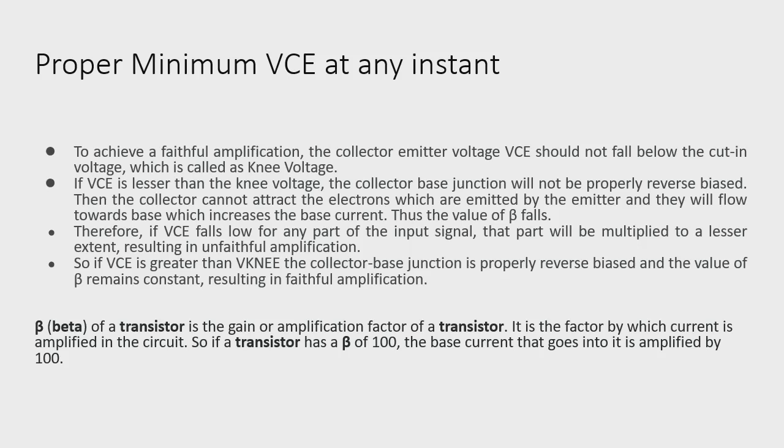Therefore, if VCE falls low for any part of the input signal, that part will be multiplied to a lesser extent, resulting in unfaithful amplification. So if VCE is greater than the knee voltage, the collector base junction is properly reverse biased and the value of beta remains constant, resulting in faithful amplification.